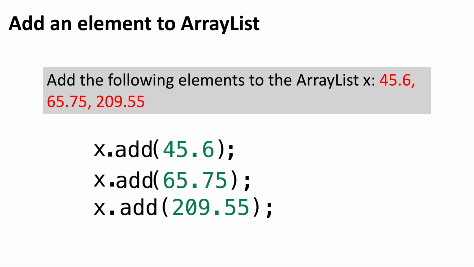Remember here, our array list is of type double. So if by mistake you enter an integer value without a decimal point, you just enter 45, it will not work because it's expecting you to pass a double value. And that's something you need to remember.